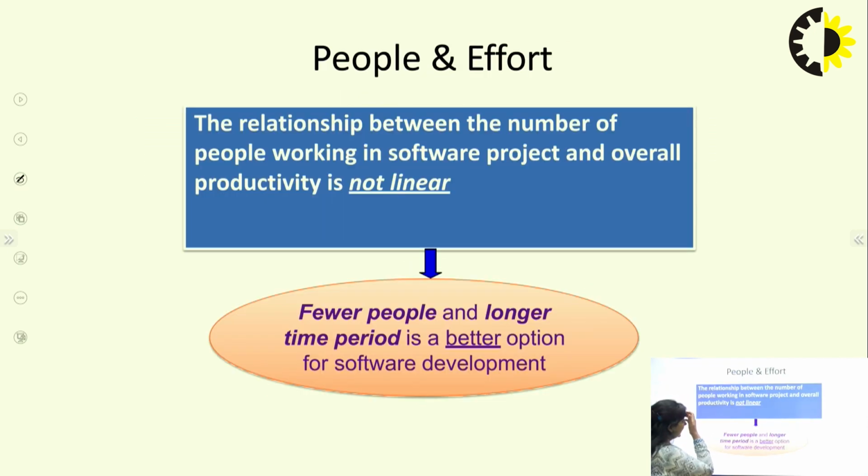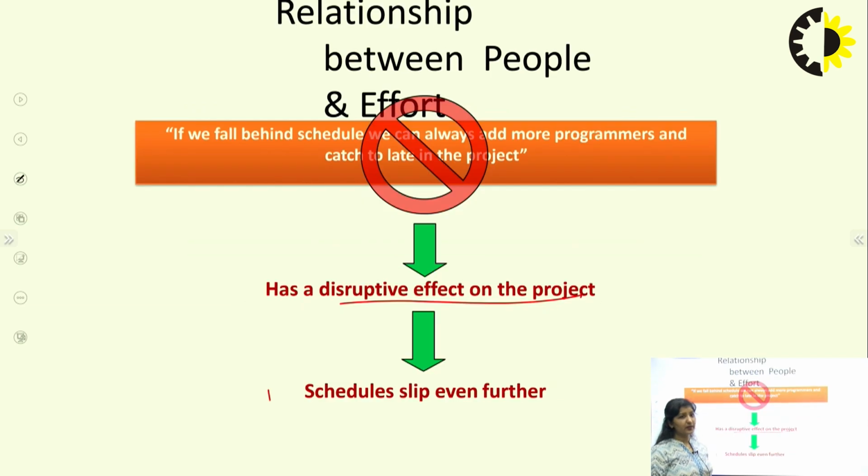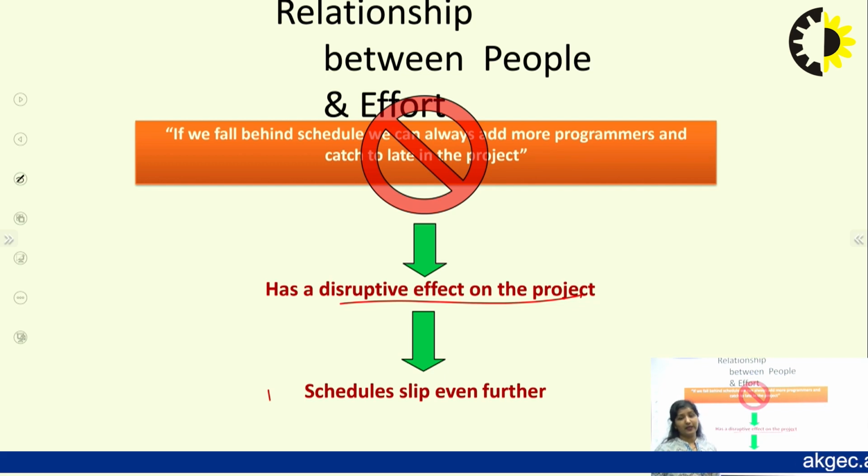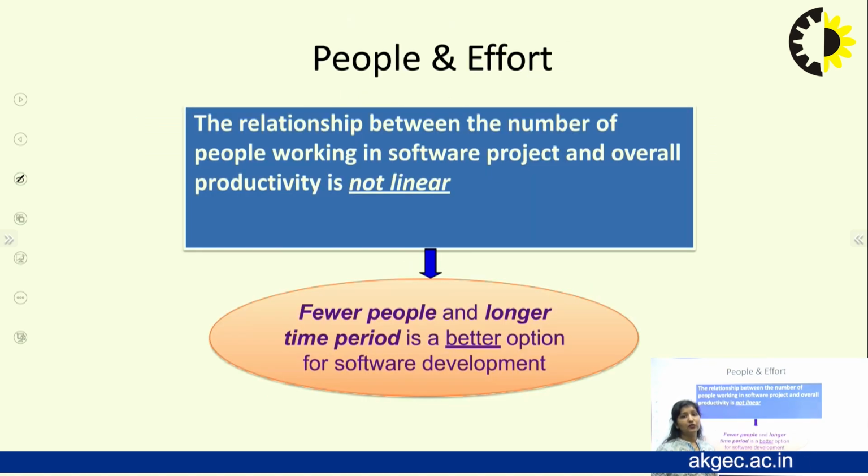The number of people working on a software project and overall productivity is not linear in nature. As we can see in this figure, the saying is that if we fall behind schedule we can always add more programmers and catch up, but this is not the case. So we can say that the relationship between people and effort is not linear.